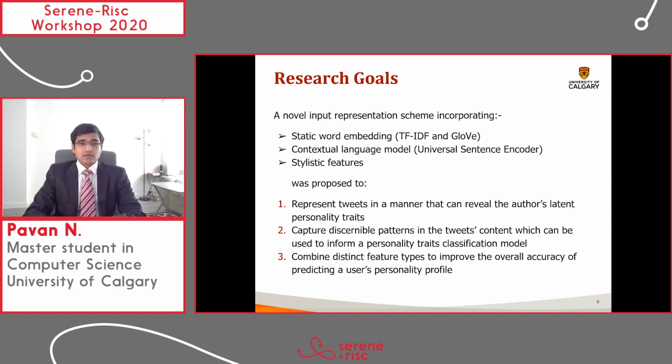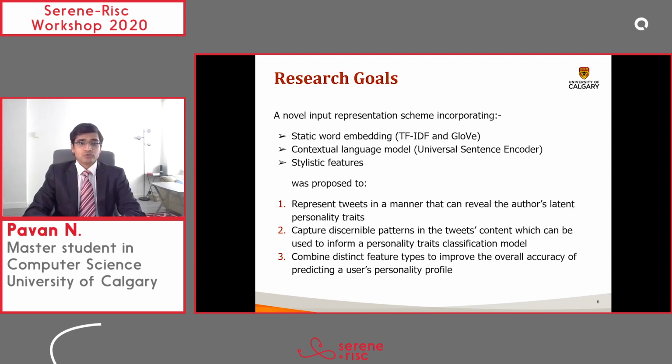We also use the emerging NLP model, or language model, called the Universal Sentence Encoder, which can encode sentences into vector representations based on the context of the language that they use. So this incorporates all the different types of language that people use on Twitter, and it incorporates the context as well.